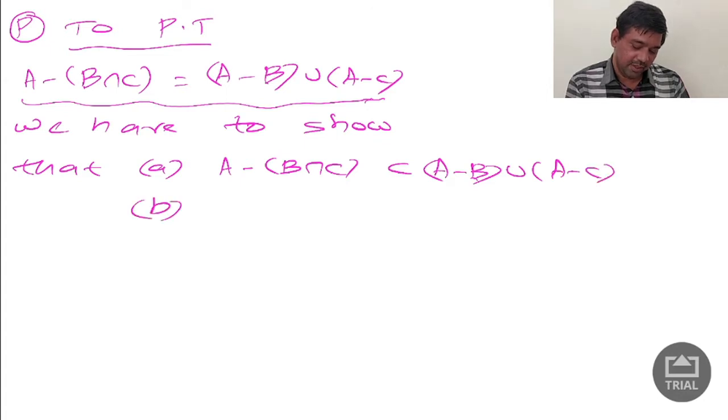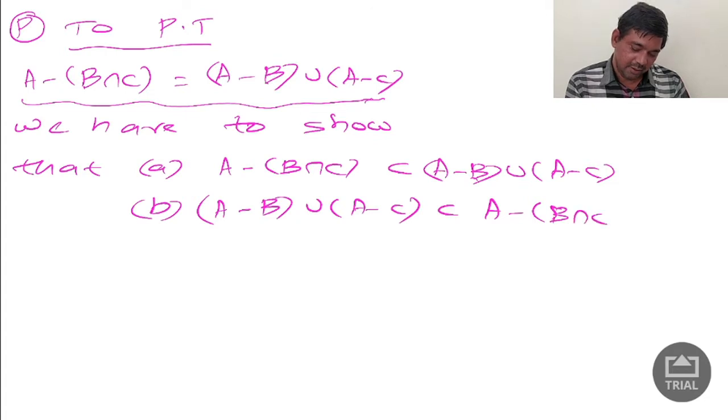The second part you know. Now you have to write like this, two parts. Please observe: whenever a question is given, you write the two parts like this. The next one is (a minus b) union (a minus c) is a subset of a minus (b intersection c). So this is another thing. Now these two things you have to prove.